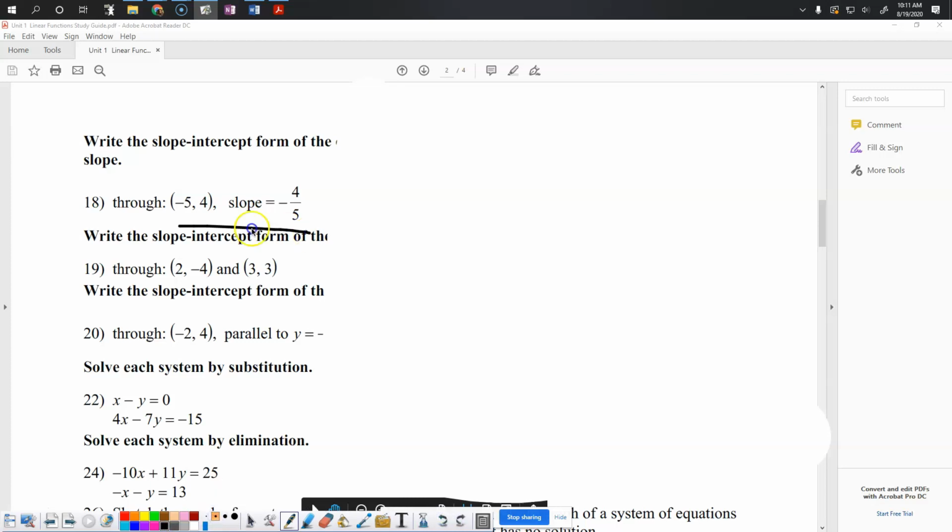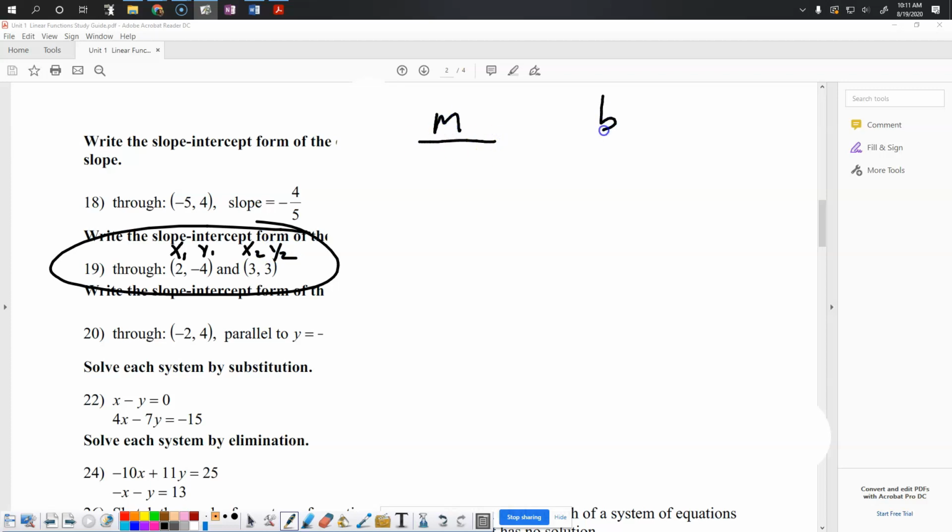Okay, so number 19, here we go. In this case, they give us 2 points. So we're going to do this one a lot like the way we did the one with the graph. You're going to start by labeling the points, x2, y2, and x1, y1. Then you're going to find your slope, your b, and write your equation.